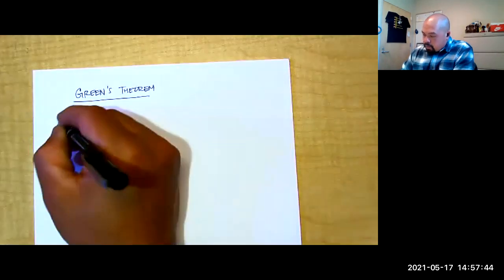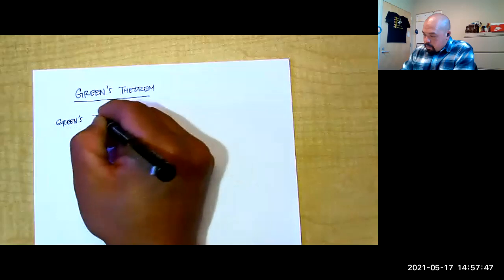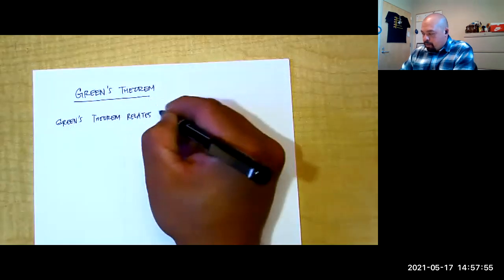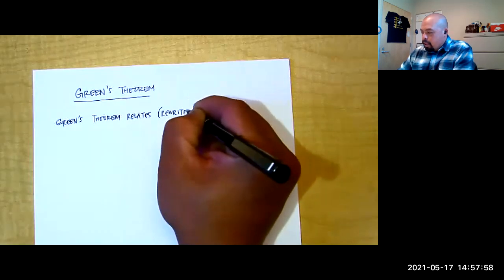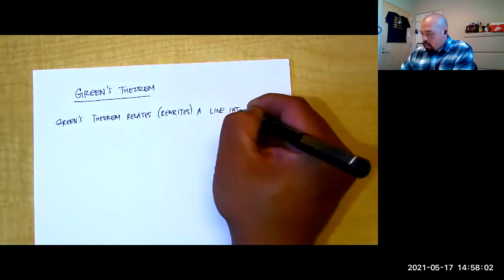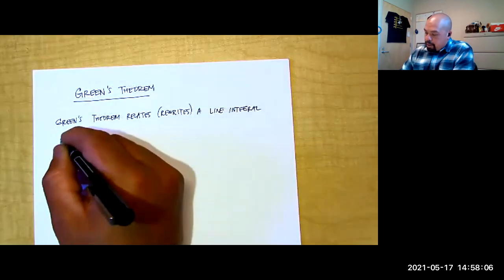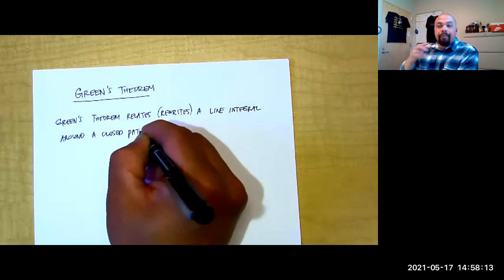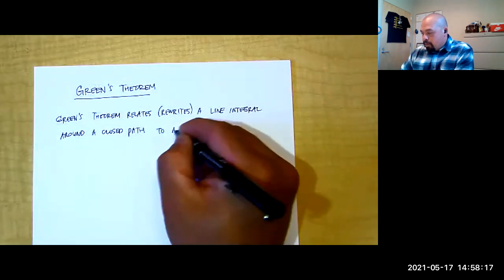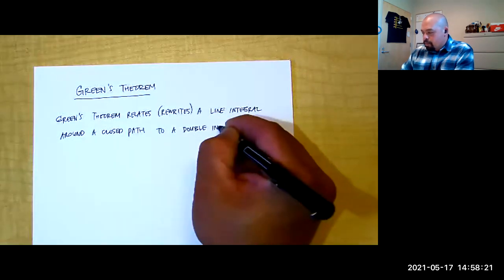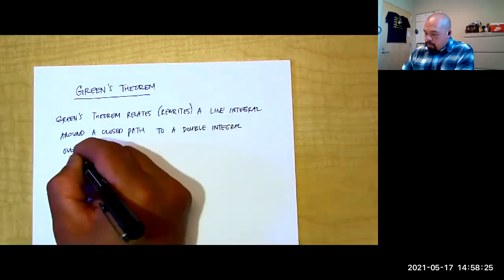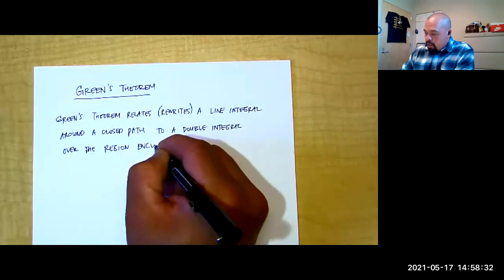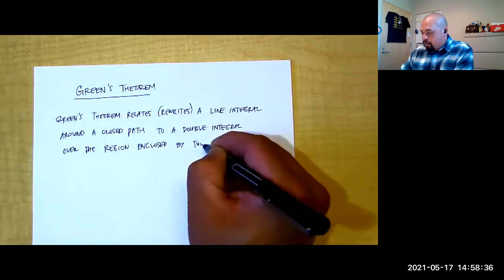And so what Green's theorem does is that Green's theorem relates, or in some respect rewrites, a line integral around a closed path, okay, to a double integral over the region enclosed by the closed path.